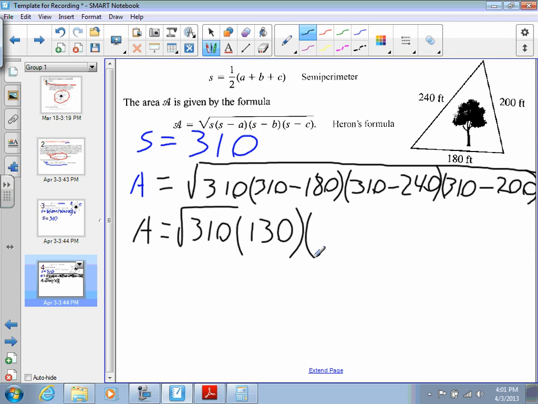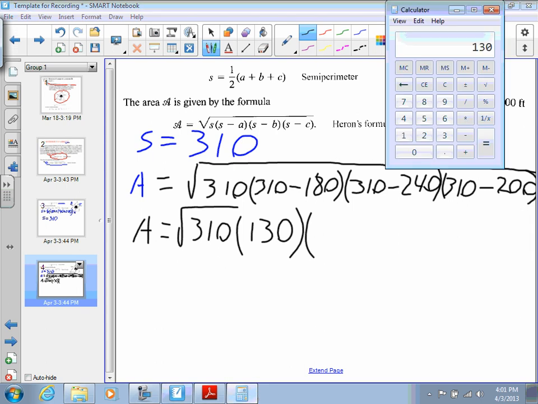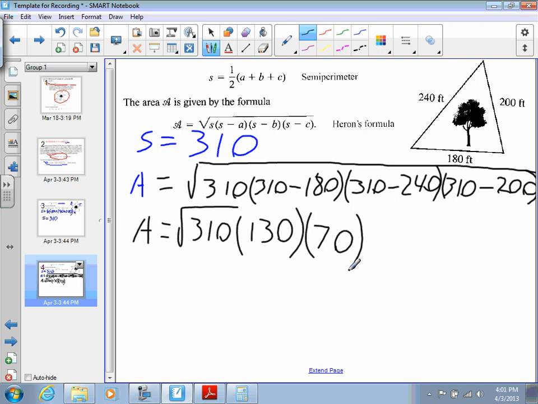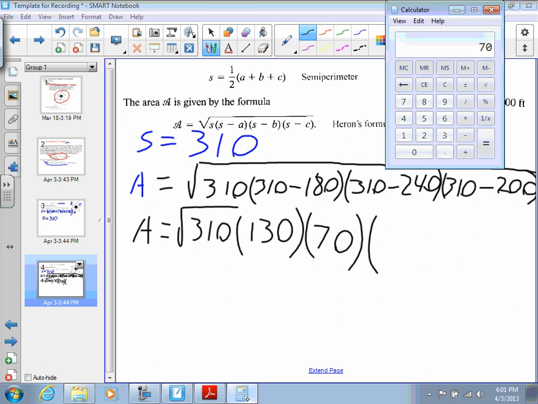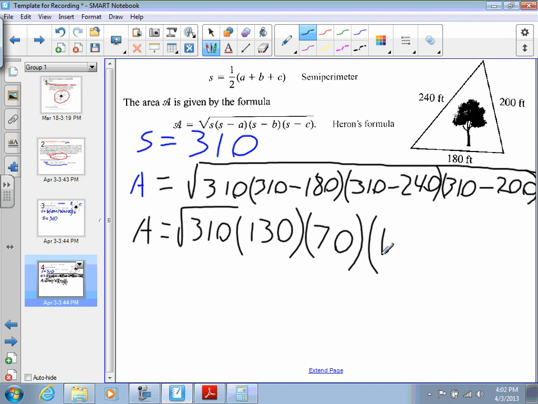And then 310 minus 240 equals 70. And we've got one more here. 310 minus 200 gives me 110.